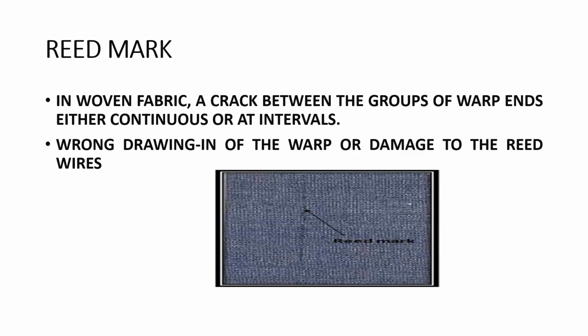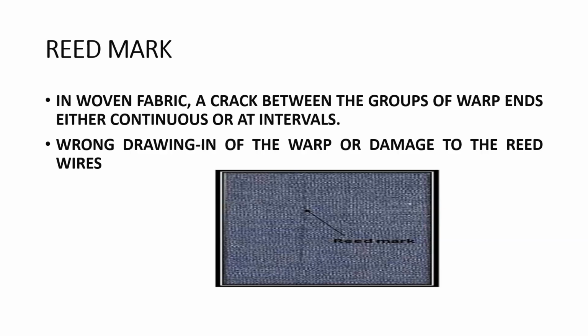It is a problem of wrong drawing-in or damage to the reed wires. Both problems are there, due to which the reed mark may appear as a defect in woven fabric. So the cause is the drawing-in operation or damage to the reed wires, any one of them.